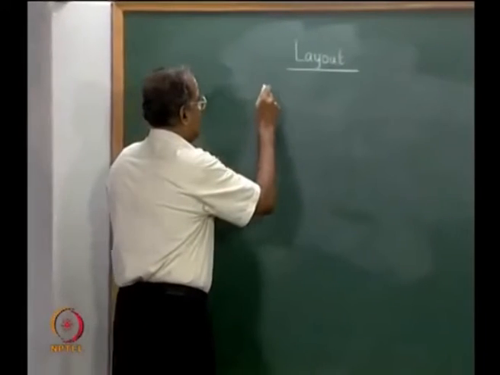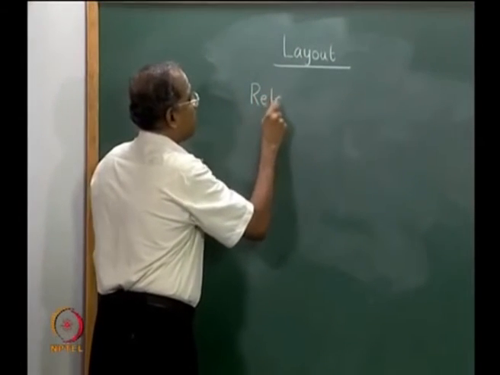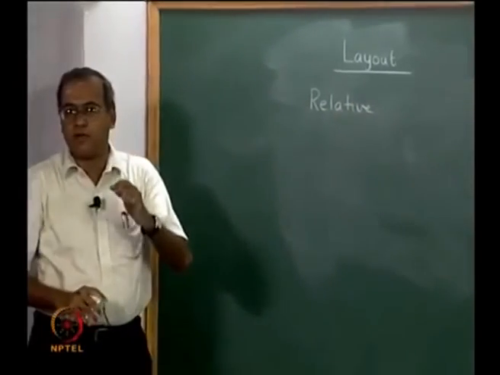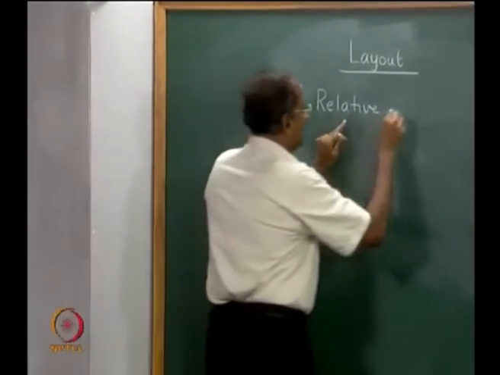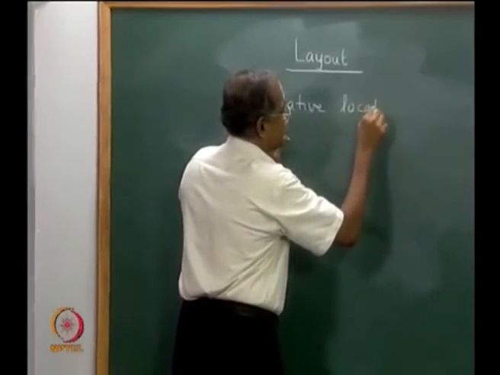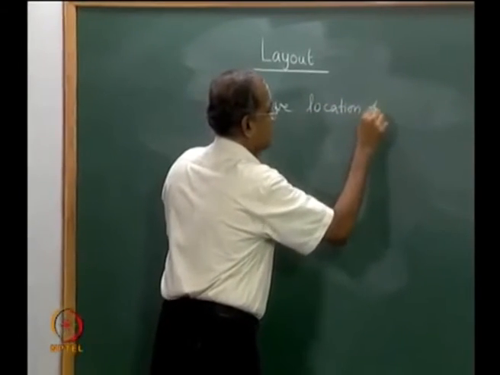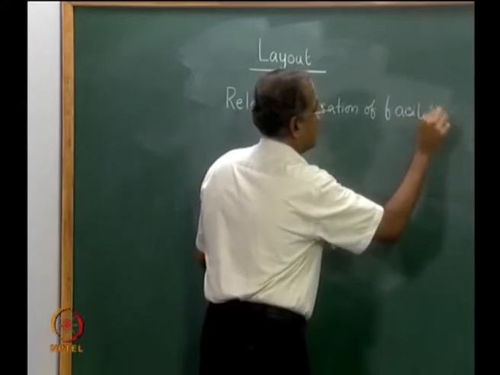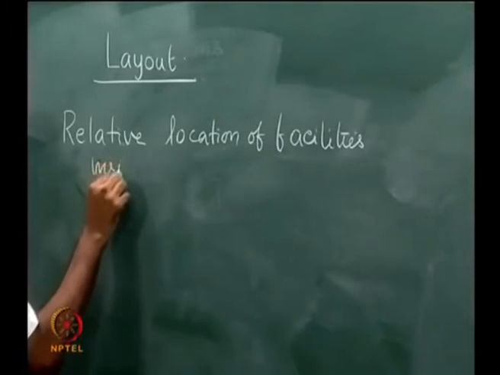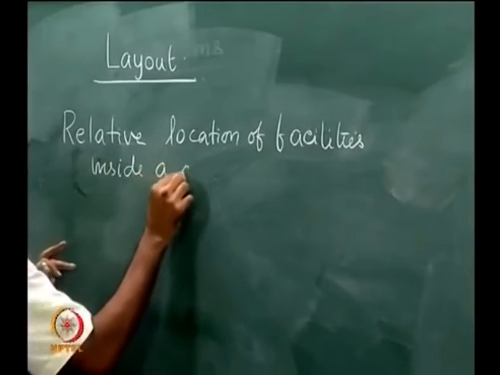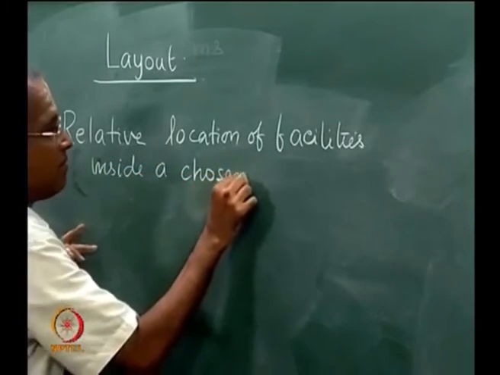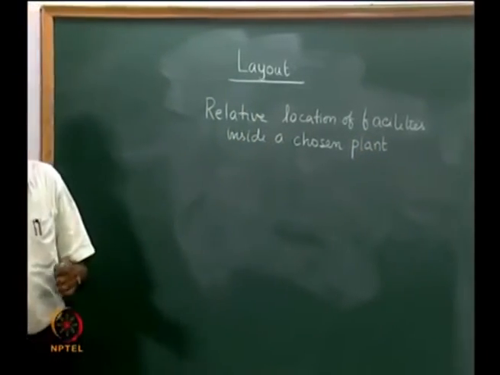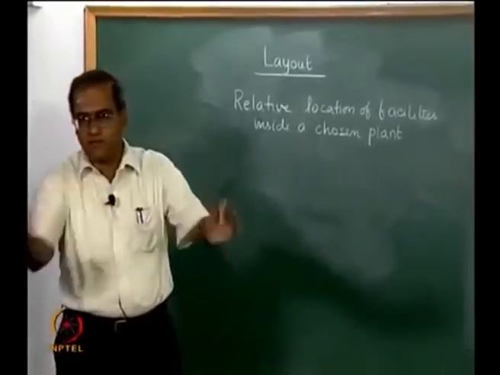Layout talks always about relative location of facilities. So, the word relative is very important when it comes to layout. So, layout is relative location of facilities inside a chosen plant or location. Essentially, it is like we have decided to locate a factory somewhere.